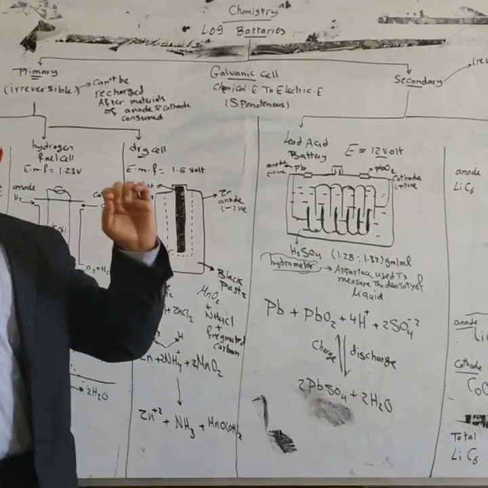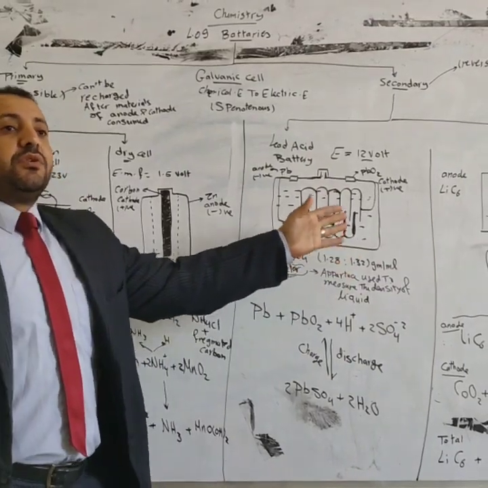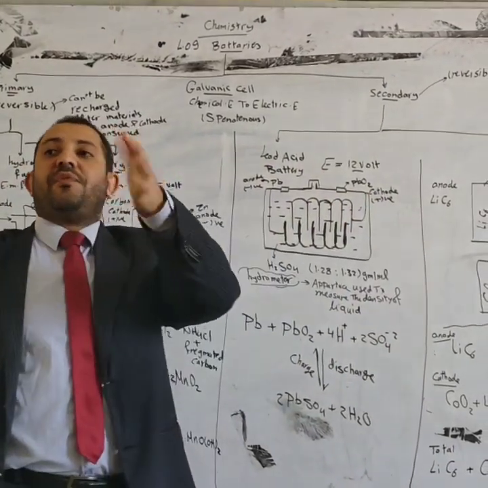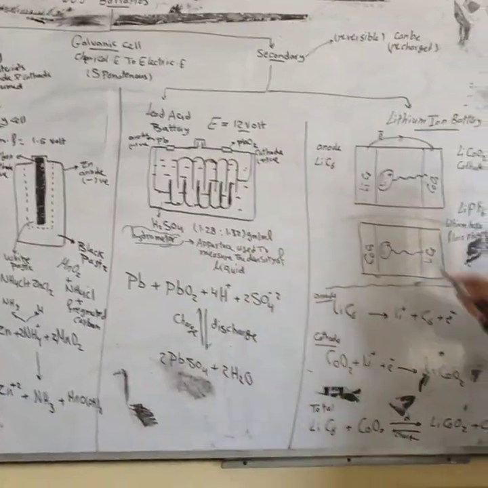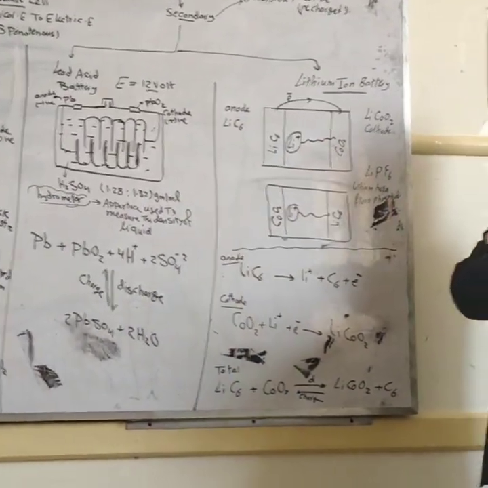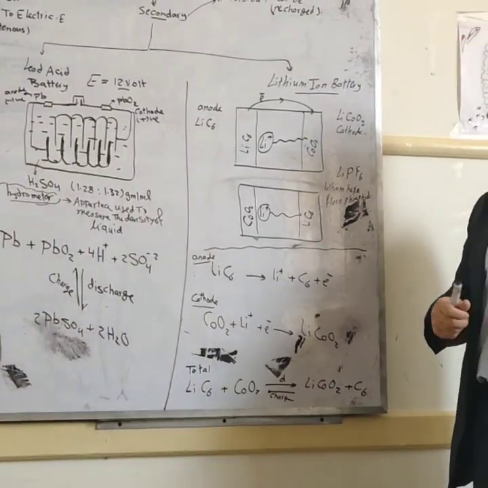Now we are going to talk about the last example, the lithium-ion battery or the mobile battery. In the mobile battery, we will find it consists of 2 partitions. It will be compact and maybe flat.